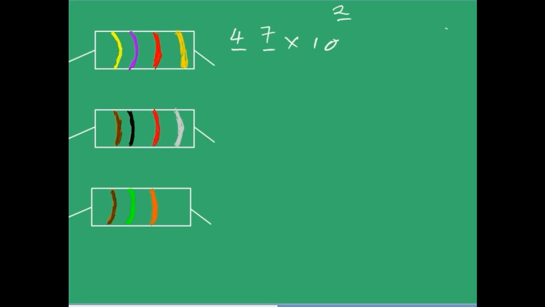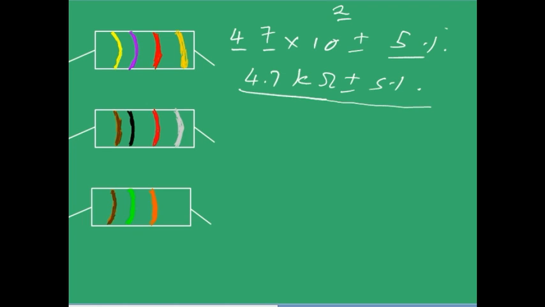So 47 into 10 power 2 plus or minus, this is gold, right? And gold gives 5% tolerance. So my final resistance is 4.7 kilo ohm plus or minus 5% of this value, 4.7 kilo ohm, 5% of that. This is my resistance value.